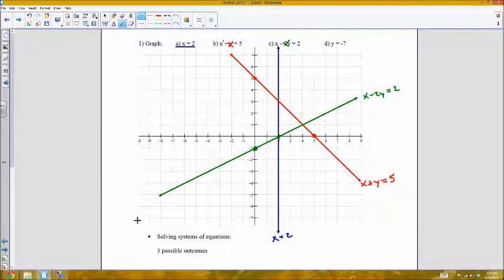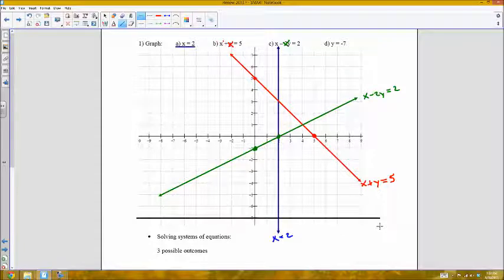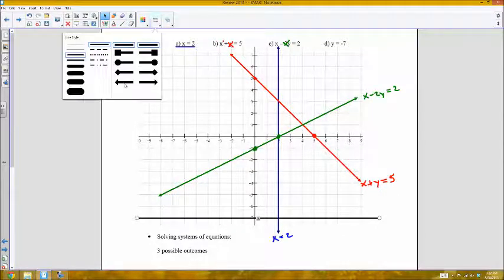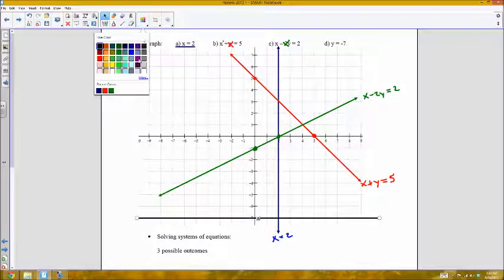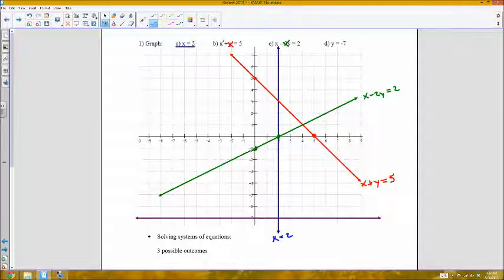So at negative 7, my value for y is never changing, so there's my horizontal line. Again, I'm going to add my arrows to both sides, and I'm going to color code it. So let's go with purple for that line, and I will label it as y equals negative 7.